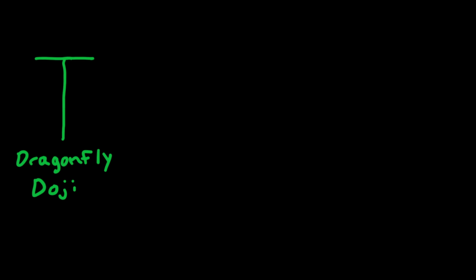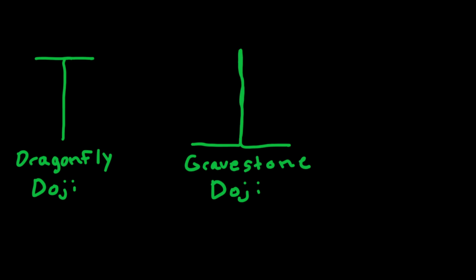The opposite of a dragonfly doji, something that opens here, then goes up during the day, falls back, and closes at the same price where it opened, is called a gravestone doji. So the names come from the fact that they actually kind of look like a dragonfly and a gravestone. And we can take a look at one more doji, which has very long shadows.